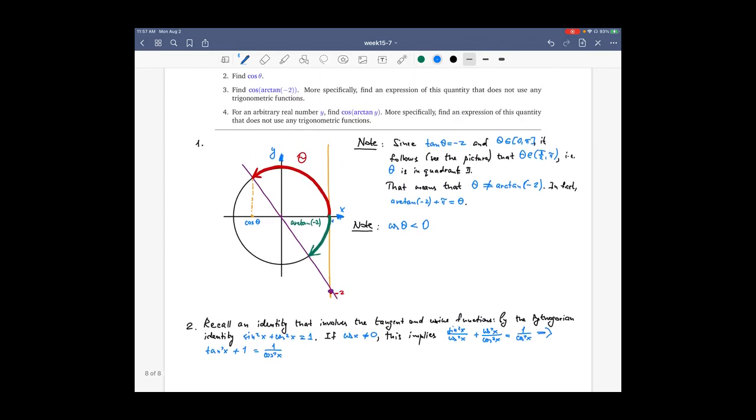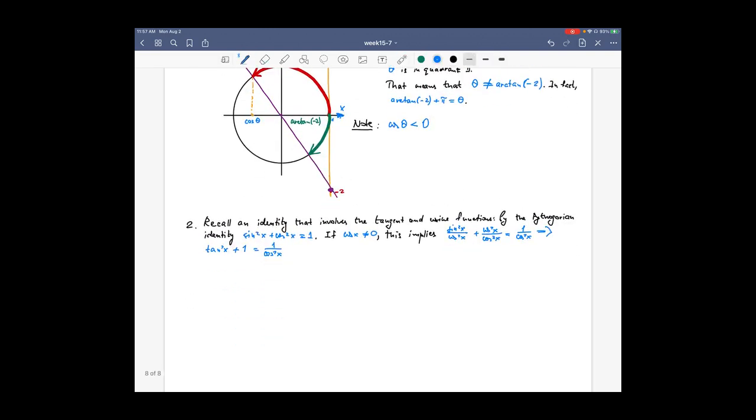Now, we are given that tangent theta is negative 2. So in our case, if I use this formula for theta, tangent squared of theta plus 1 equals 1 over cosine squared theta.